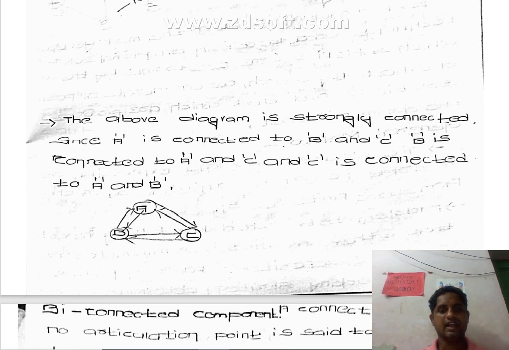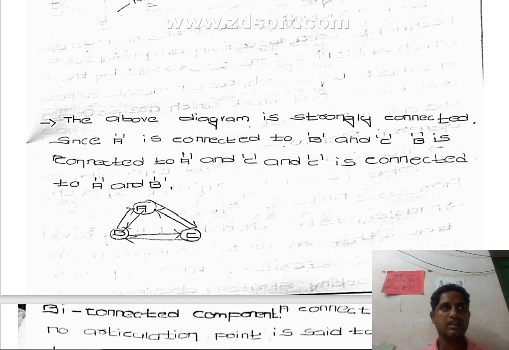See, this diagram is strongly connected since A is connected to B and C, B is connected to A and C, and C is connected to A and B. In that way, the graph below is a strongly connected component. That means each and every vertex will be connected to the other vertices.